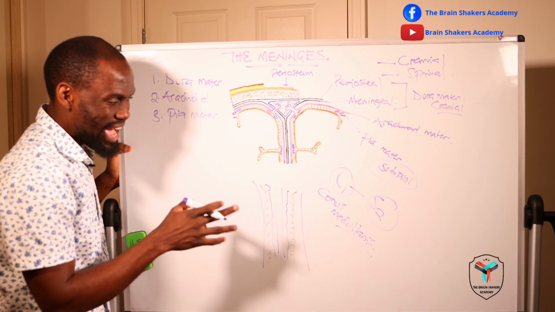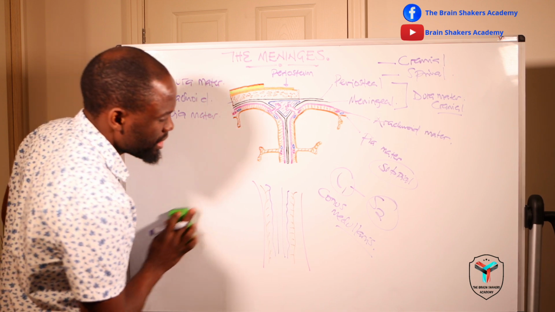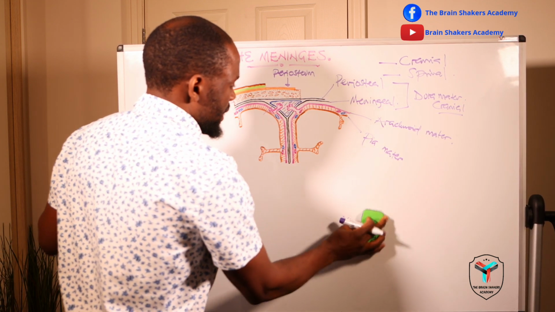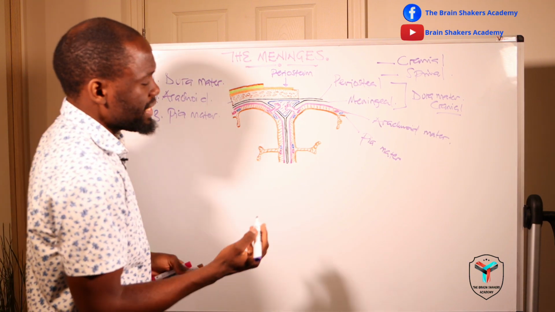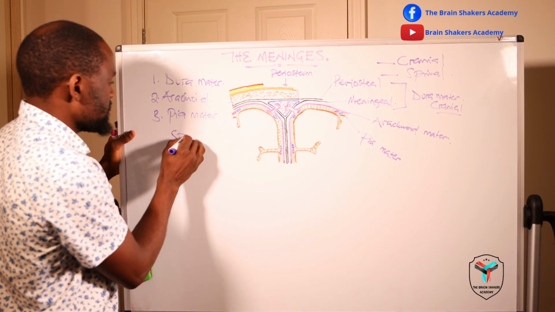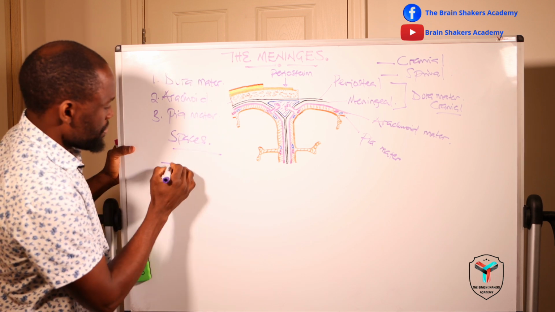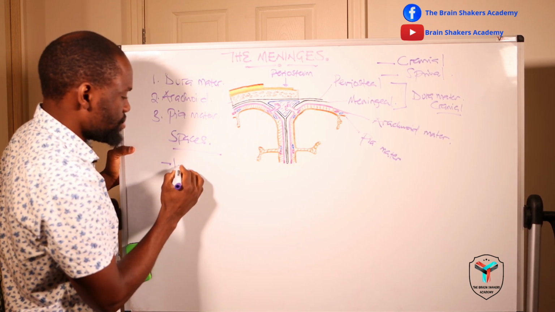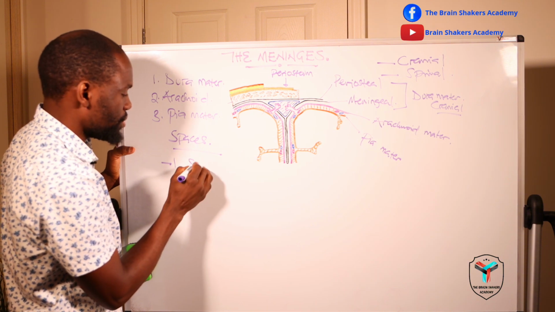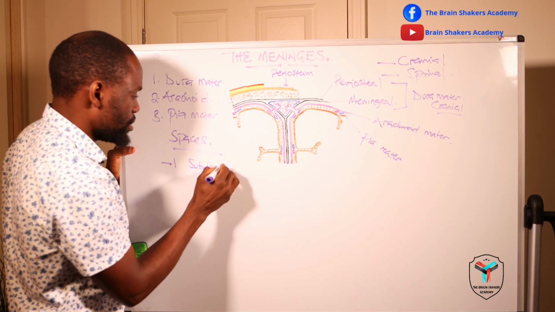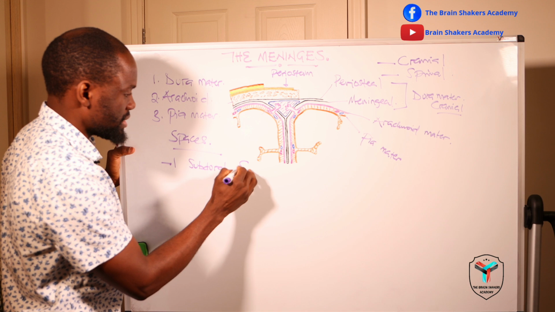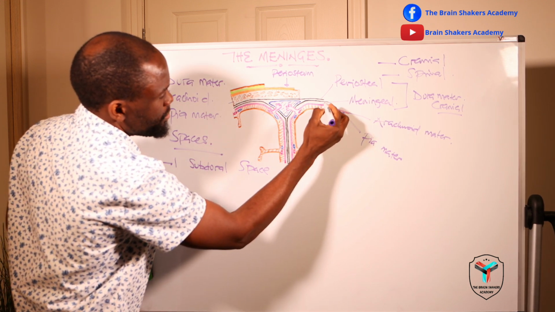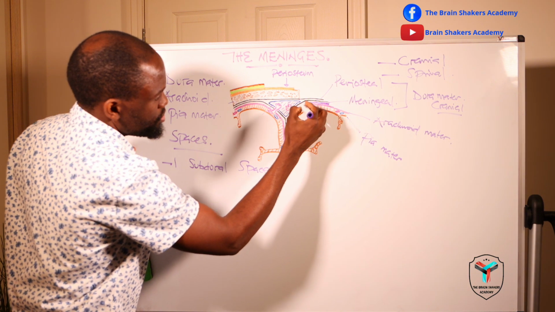Now, these meninges have spaces in between them. Let's quickly look at the different spaces that are formed by these meninges. Number one, just beneath the dura mater, you will have a space that we call the subdural space.